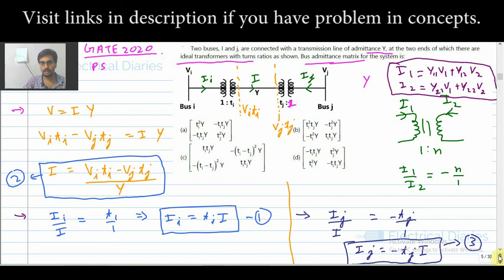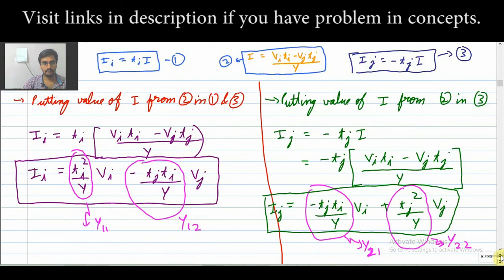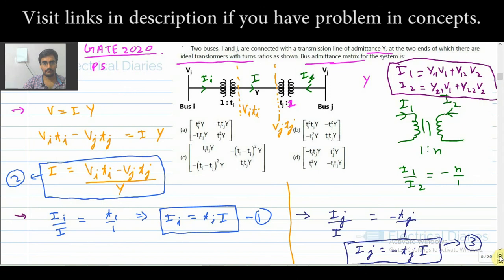What was my y11? Ti square by y. Okay, so I have made a blunder. This equation I wrote wrong. I is equal to Vy, we all know this, so I was thinking why the option is not matching. So I is this into y.